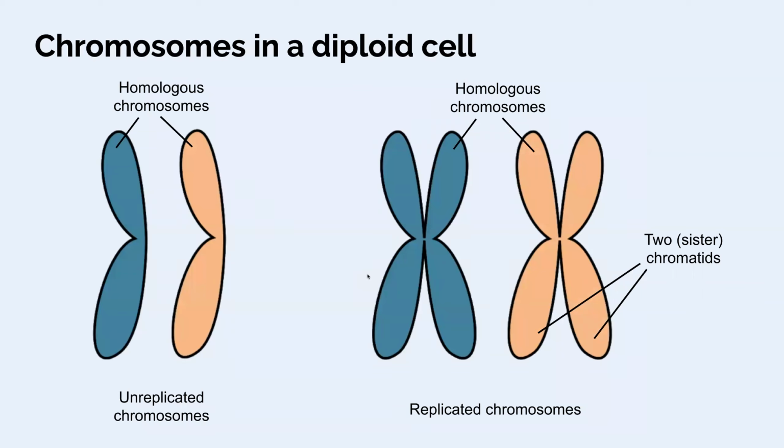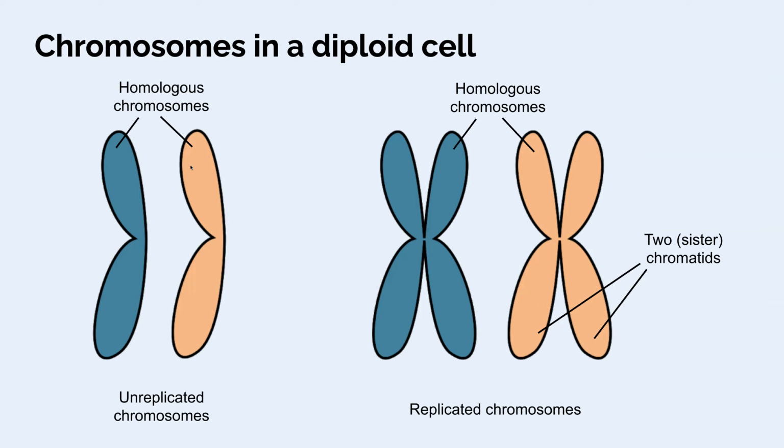Okay, so we saw unreplicated and replicated chromosomes. This is a situation where we have a homologous pair going from unreplicated to replicated. So both of these show homologous chromosomes. The two colors, you can think of those as mom's version and dad's version.